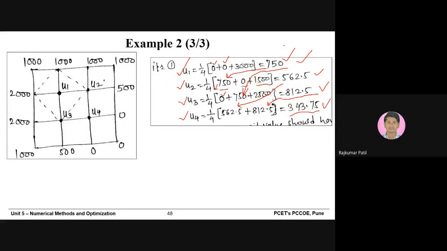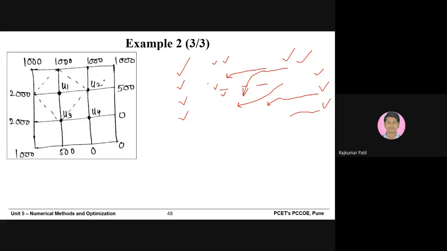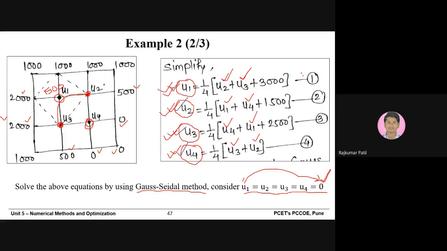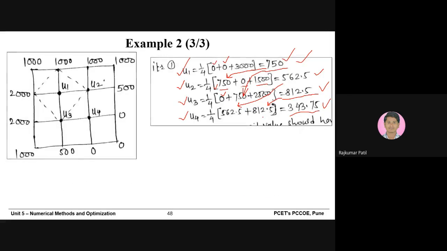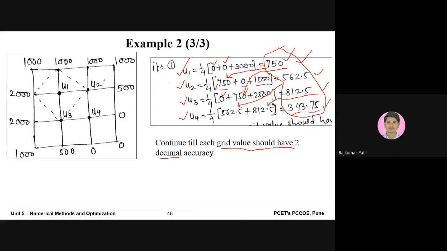Again, now you have all four values for U1, U2, U3, U4. Then again, in these equations, put the latest values and you can calculate the second iteration. So use these values and calculate the second iteration, and then the third iteration and fourth iteration, and you need to repeat this process until two successive grid values have accuracy up to 2 decimal points.